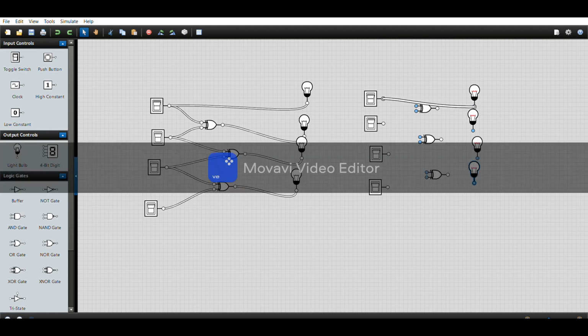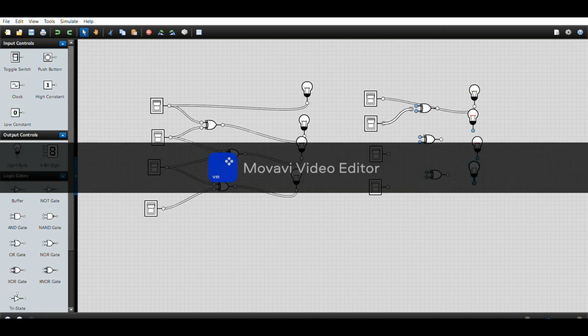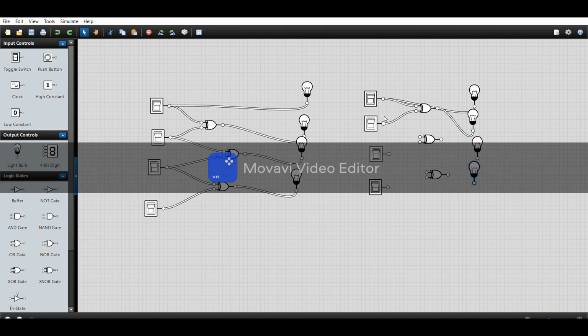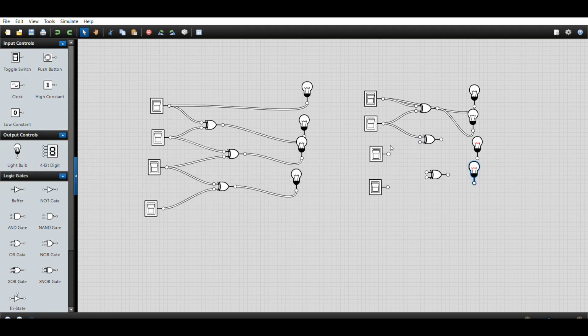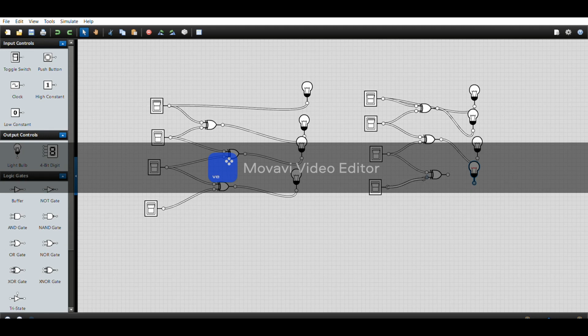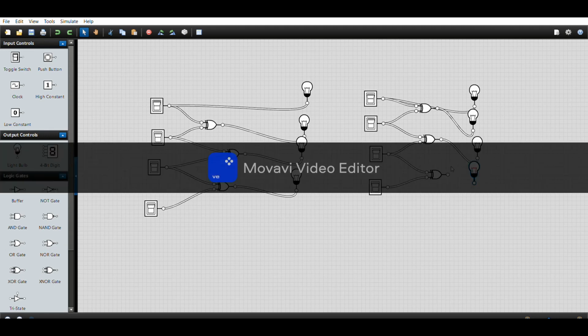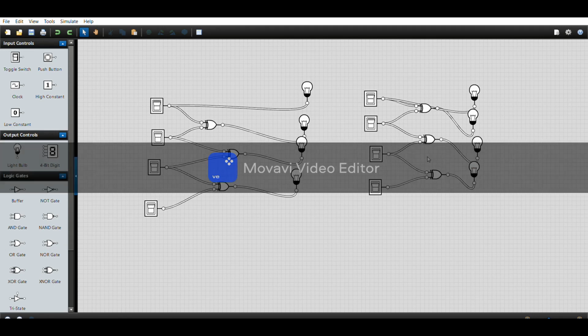Yes, let us connect the inputs, the gates and the outputs together. We have successfully implemented both converters, binary to gray code and gray code to binary.